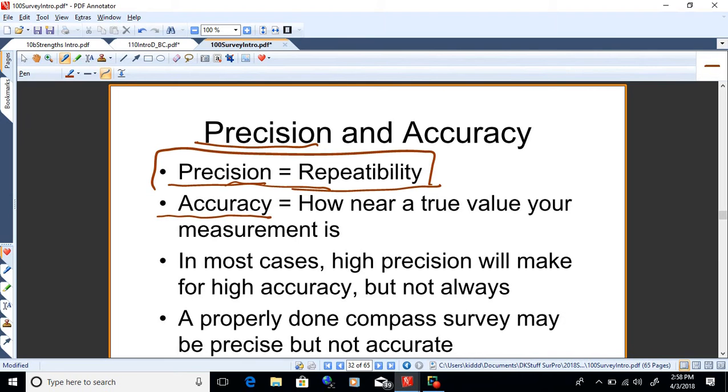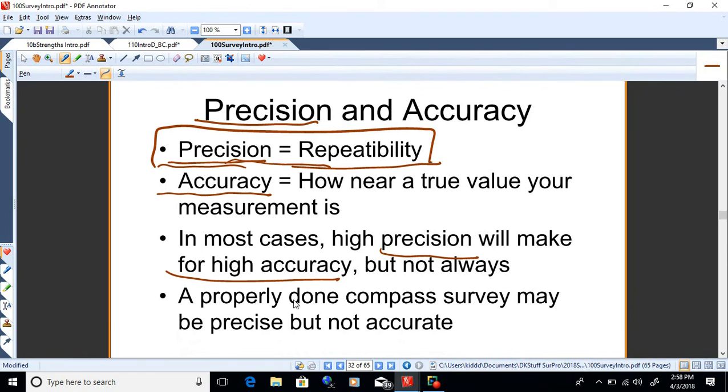Surveyors strive for high precision because generally speaking, if you're using the equipment properly and using proper technique, you'll have high precision. That often leads to high accuracy, but not always, because you have the variable of your equipment in there.